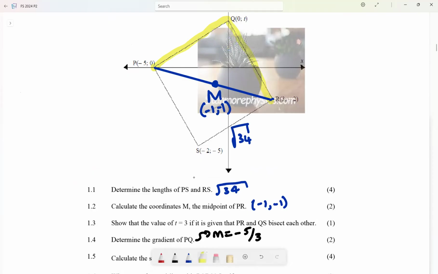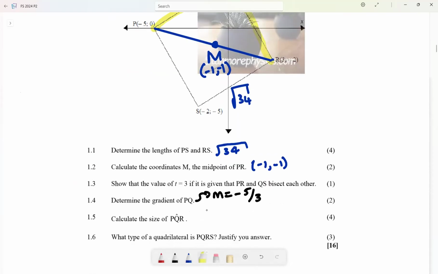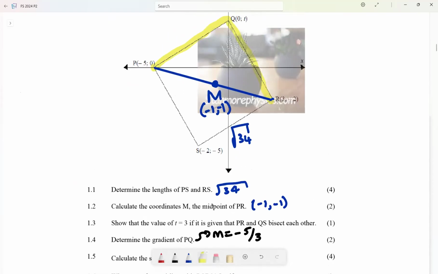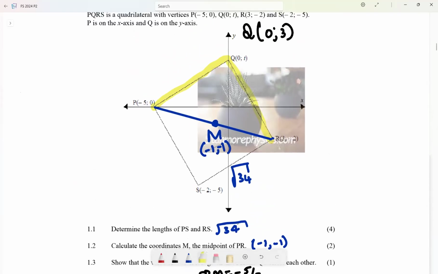I want us to see something. I have to use something that is used in grade 11. So let me see. Okay, now I want you to do this. If you were to cut this into two, like let me draw this like this.